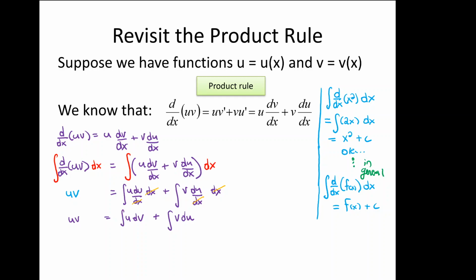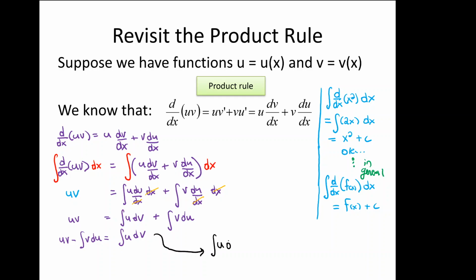So it's a weird looking and perhaps not useful expression. I'm going to modify it in one simple way. I'm going to subtract v du from both sides. So uv minus the integral of v du is equal to the integral of u dv. Just rearranging. Okay, and that's the statement, but I like writing things left to right.